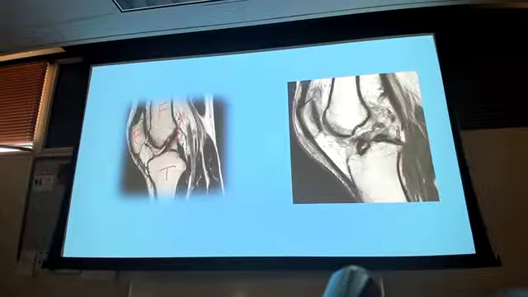So now that we know this is the ACL, this nice little connection, I come over here. I have my patella, my femur, my tibia. Hey, I see where the ACL starts. Hang on, let me look at that again. It starts and it stops. It doesn't connect. That's a torn ACL. That's how they find these things.